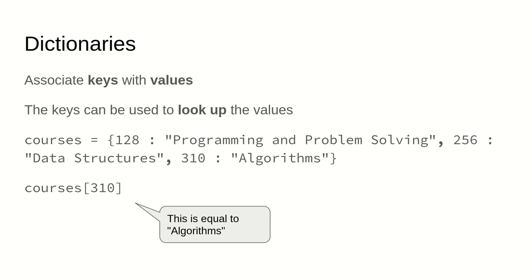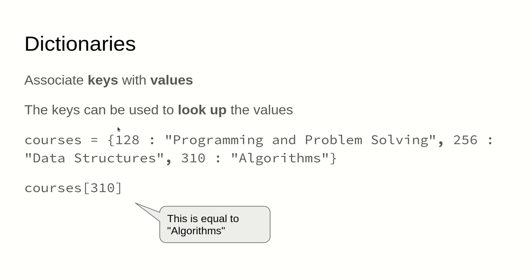So we associate keys with values to build a dictionary and use those keys to look up the values. Here, for example, we have course numbers mapped to their longer course names. So the key is the course number, and if I can't remember the whole course name, that's okay. All I have to remember is the course number.